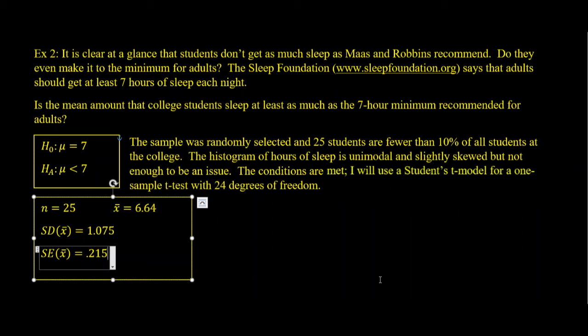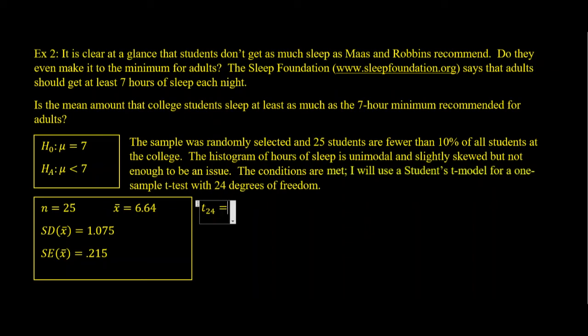So now we need to find our t-score and use that to find the p-value. So we'll be using our t-table in a new way. T of 24 will equal, now the formula for finding a t-score is the same as a z-score.